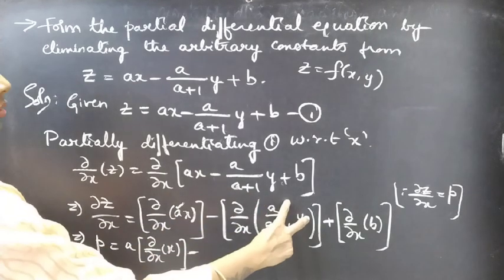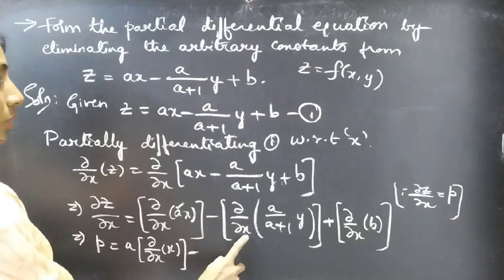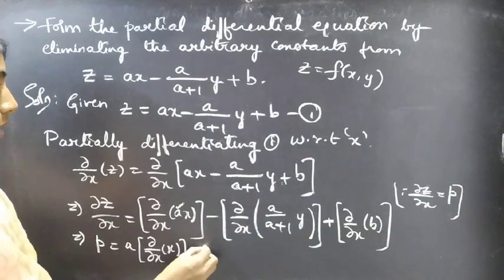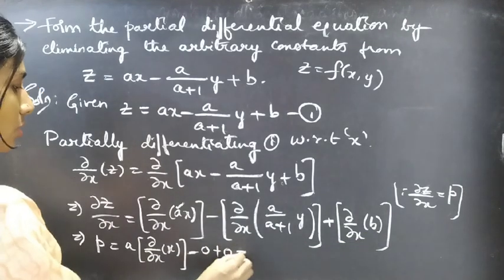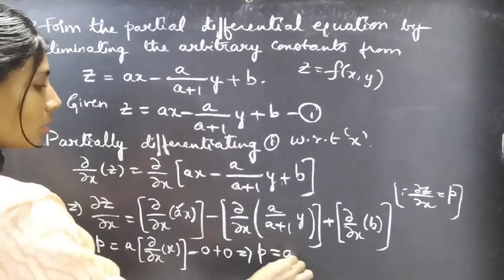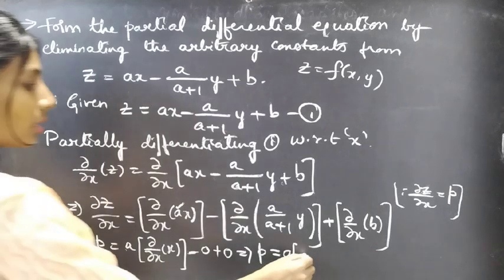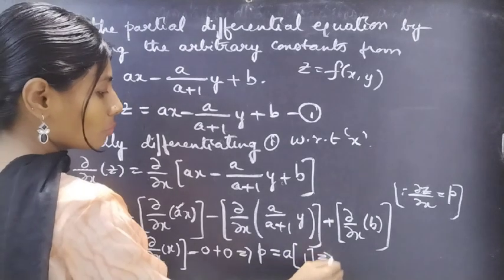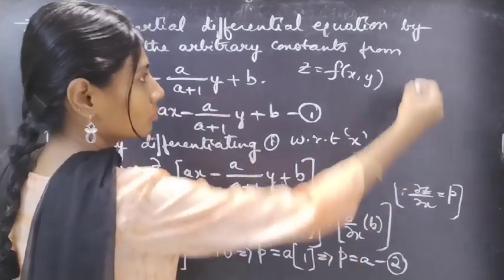So we'll treat this total term as constant, and the partial derivative of a constant with respect to x will be 0, plus the partial derivative of a constant with respect to x, 0, which gives us p equals a into the partial derivative of x with respect to x, which is 1. You'll get a into 1, which gives us p equals a. Consider it as equation number 2.